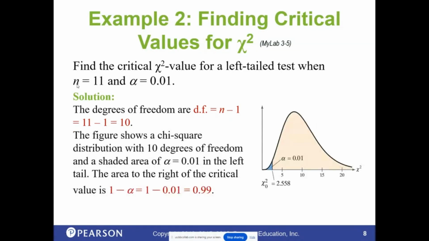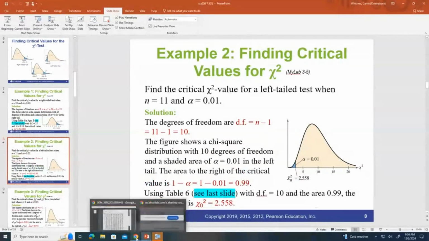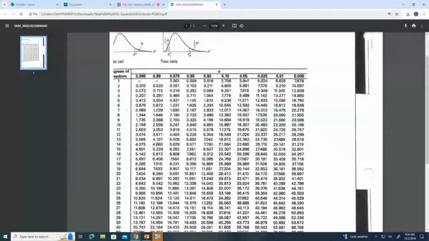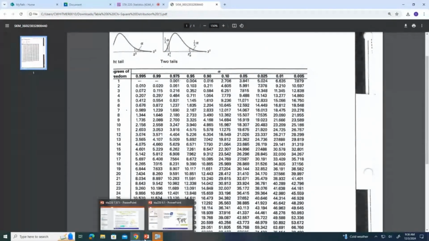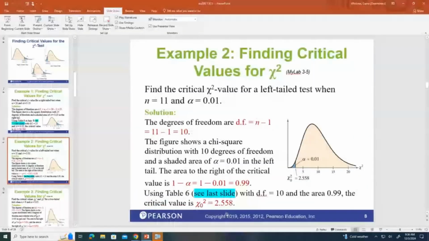So looking that up, I'm going to go to my table, look up the 0.99, and then 10, and there's what I've got. Okay. And so there's my chi-squared value, 2.558.